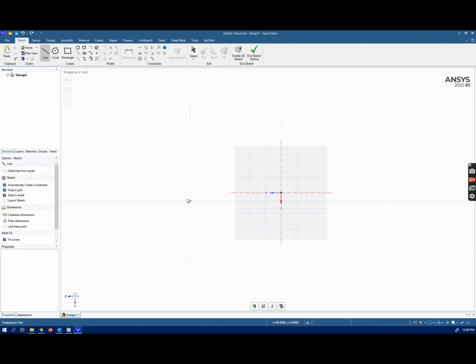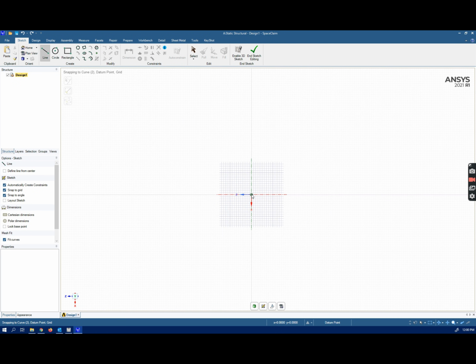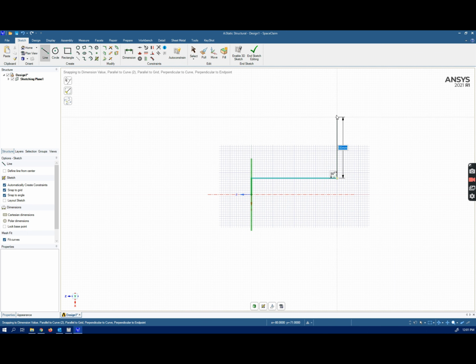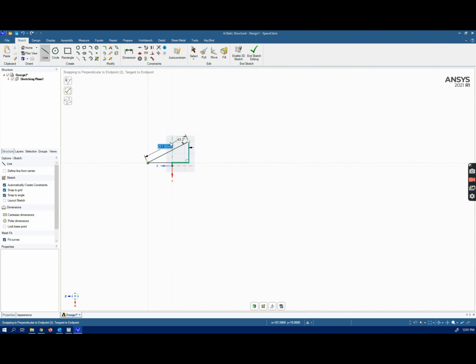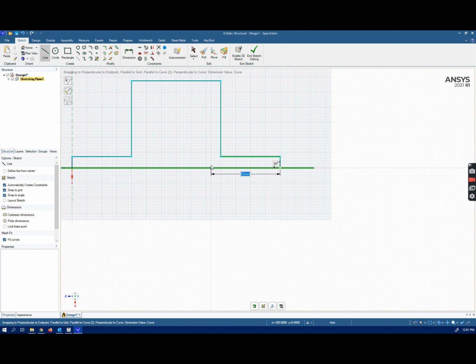Just random. A hundred. 20. So it was 80, so 15, it's going to be 95.